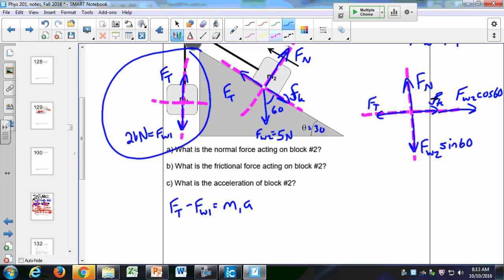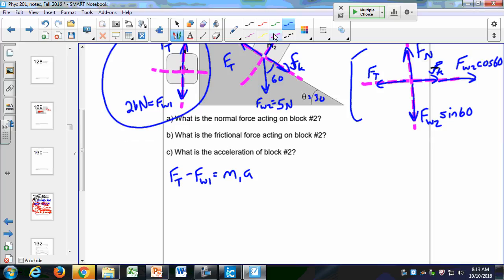And then look at the sum of the forces over here. I'll get Ft, or rather Fk, plus Fw2 cosine 60 minus Ft equals M2 times the acceleration.